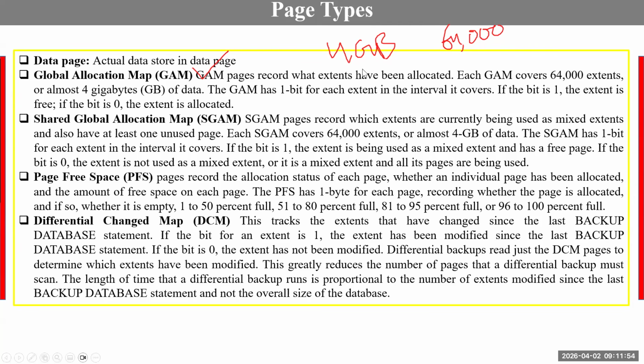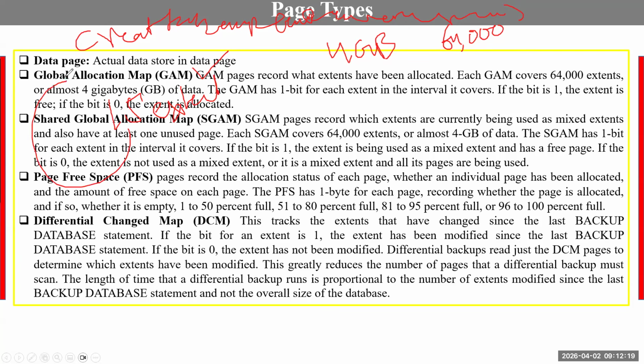It will grow and it contains 64,000 extents information. See, for example, you are creating a table: create table, employee ID, employee name, employee salary, employee date of joining. For this table, SQL Server decided to allocate 15 extents. Now what will it do?